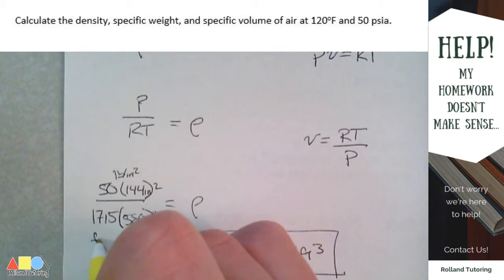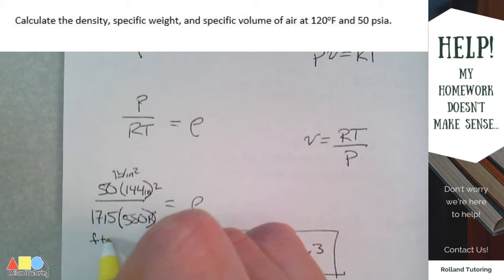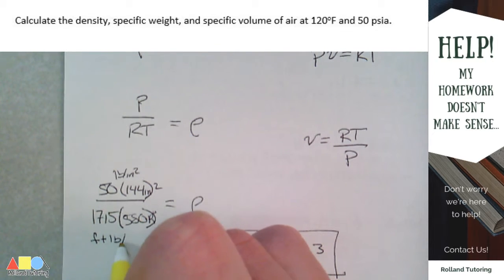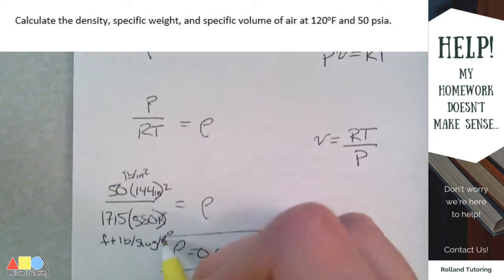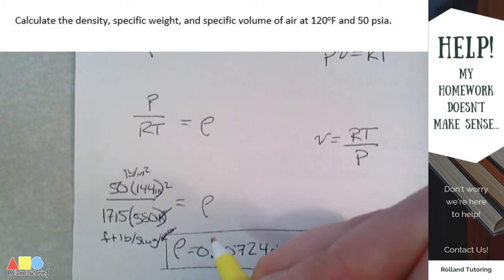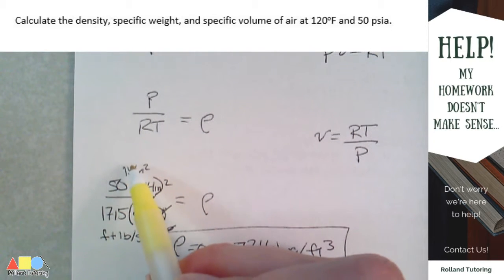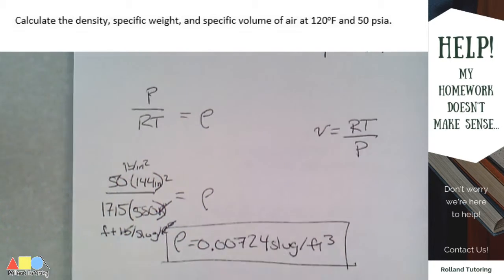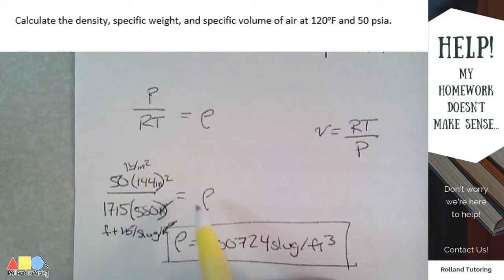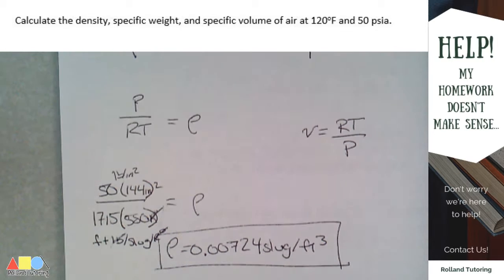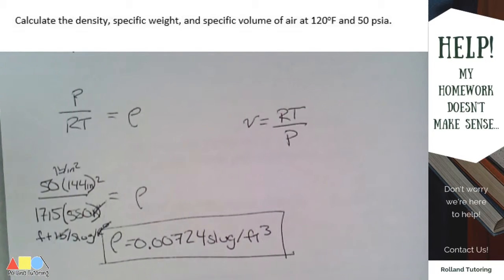We have foot-pound per slug, degree Rankine. So our Rankine crosses out here. We have a pound on top, so we get that, which then turns into our slug coming on top and becomes slug per foot cubed. So that is our second answer.